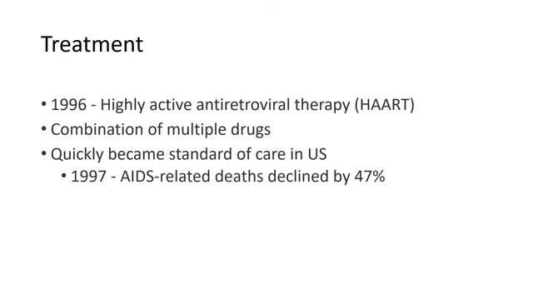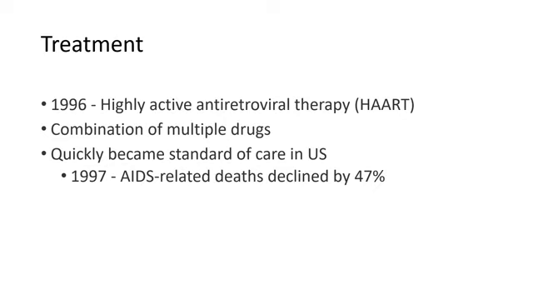So what's the treatment? In 1996, there was a huge advance, a drug combination called HAART, which was a combination of several drugs producing a highly active antiretroviral therapy. Remember, this is a retrovirus, so you want to have an antiretroviral therapy.